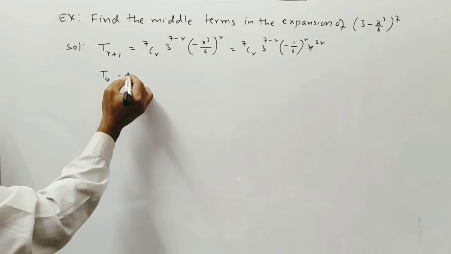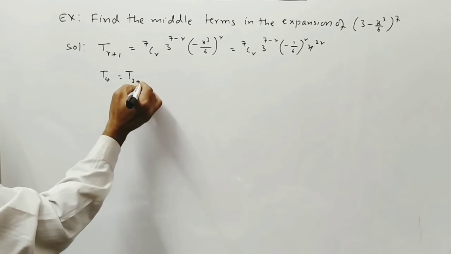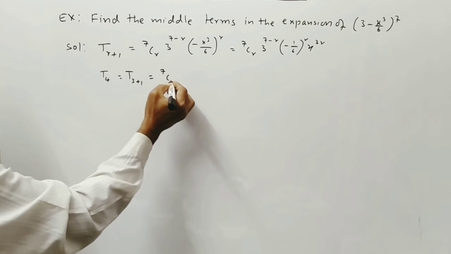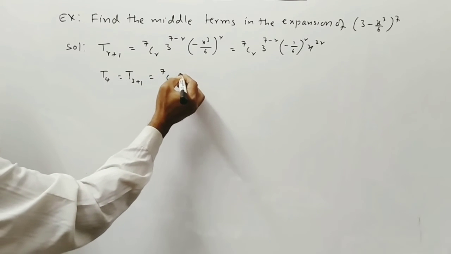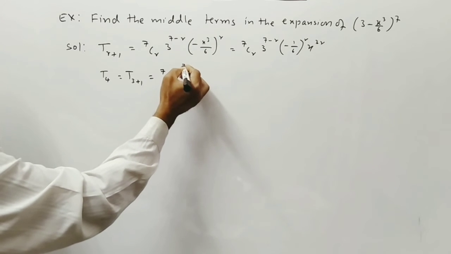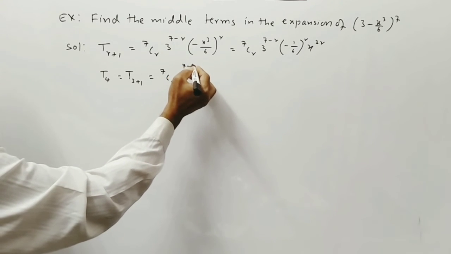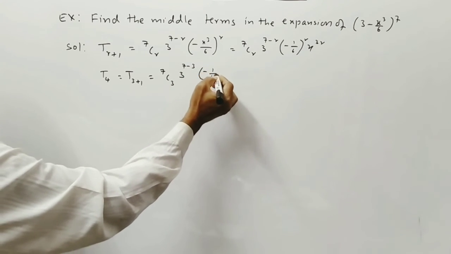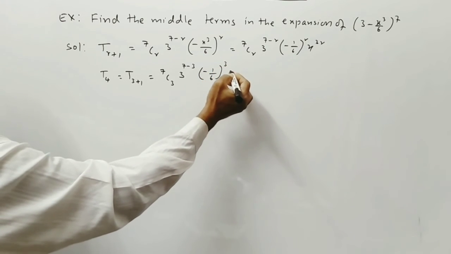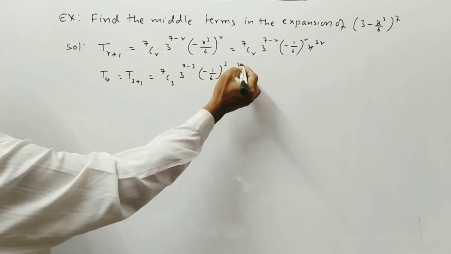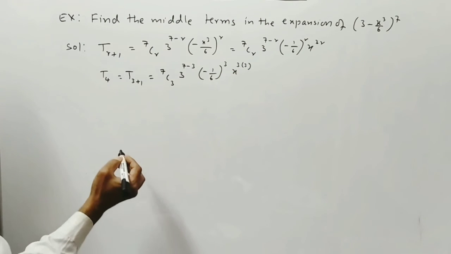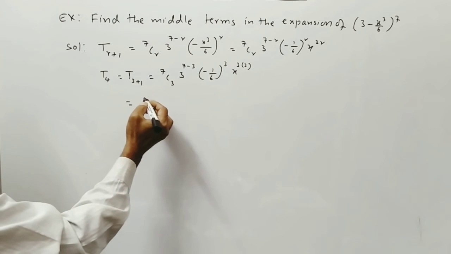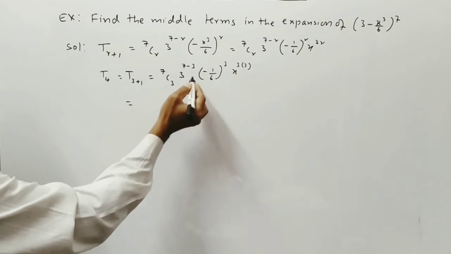T4 is equal to T3 plus 1 is equal to 7C3 into 3 raised to the power 7 minus 3 into minus 1 by 6 whole raised to the power 3 into x raised to the power 3 into 3 is equal to minus sign.